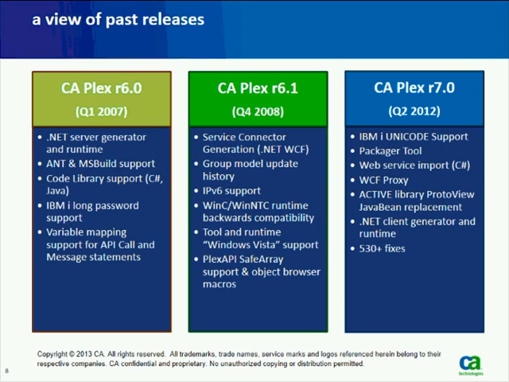Plex 6.1, again looking at the pattern here, it's about 18 months to nearly 2 years later that actually went GA. And what we tried to do in that release is really build on that .NET Server support. So the idea of moving to .NET, for us, certainly from the Microsoft standpoint, means that we can start to very rapidly adopt Microsoft's more recent technologies.